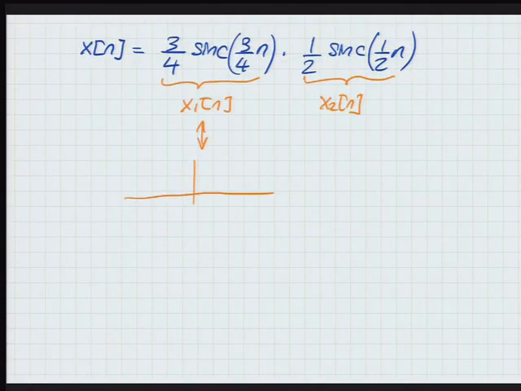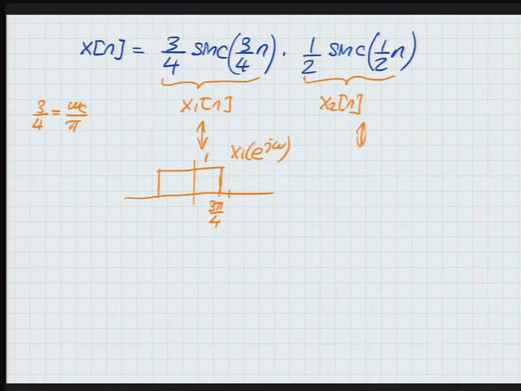So 3/4 here, comparing to the previous result, is basically omega c by pi, right? So that means omega c is 3/4 of a pi. So if this is pi, you're going to occupy this much of it. So 3 pi by 4, negative 3 pi by 4, and that is x1 of e to the j omega, right?